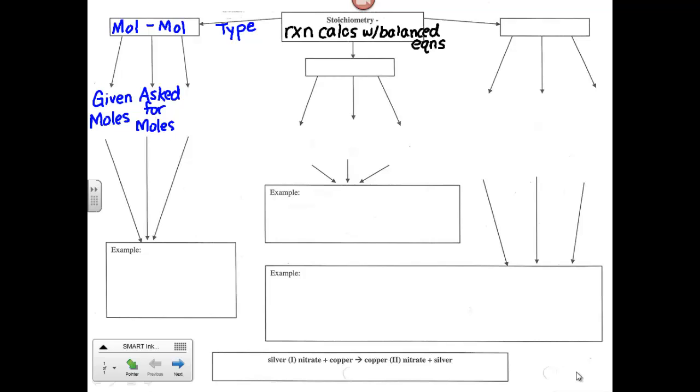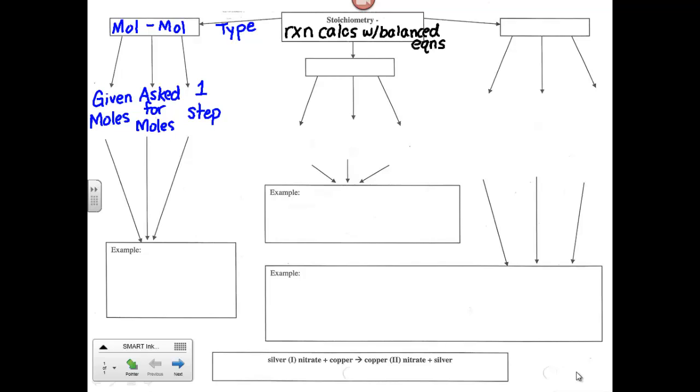And then if you see those two things, given moles and asked for moles, you know that these calculations are really only going to be one step. Beyond where you put your given information, there's only one more step. So, how do we do an example for a mole-to-mole problem?